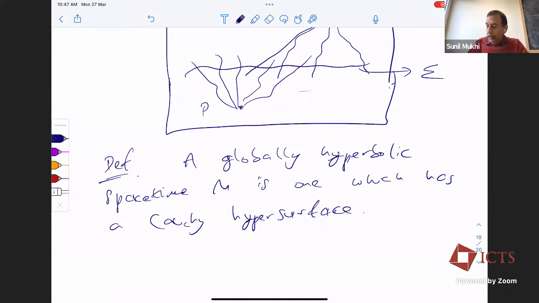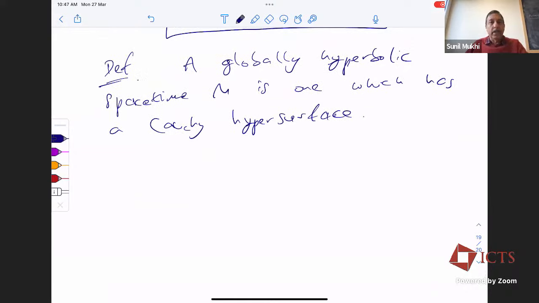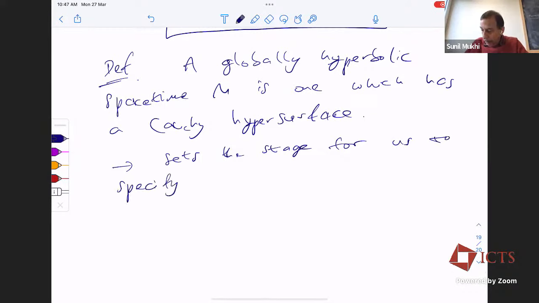Now why did we do all this? Well, I hope compared with the last lecture, this starts to become a little more intuitive about where the physics is going to come from. We do this because, as I've written in my notes, it sets the stage for physics, for us to specify initial conditions and determine the future.